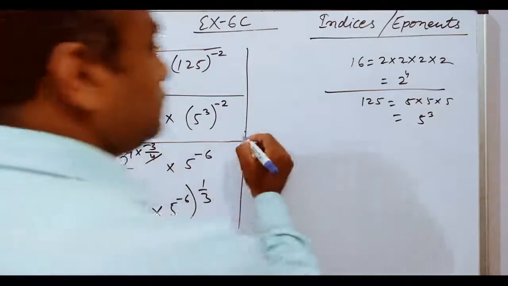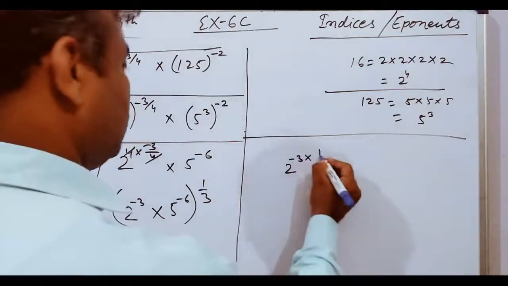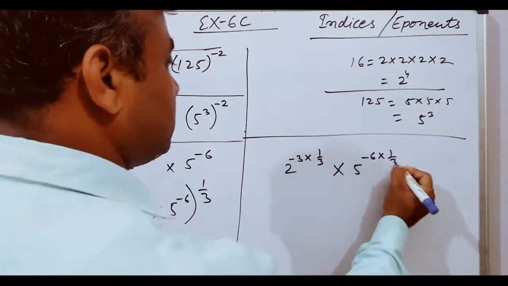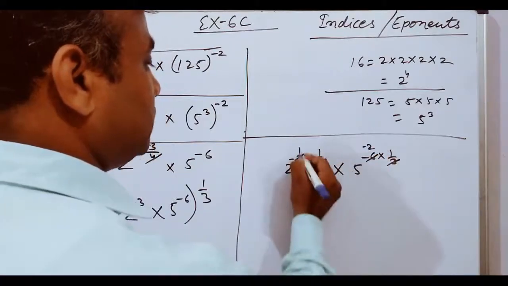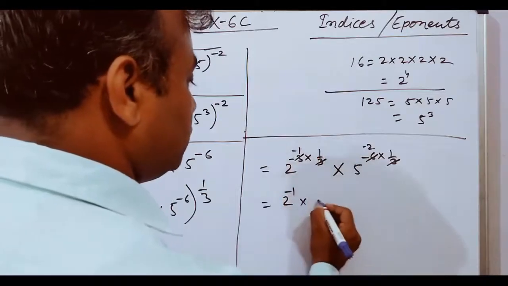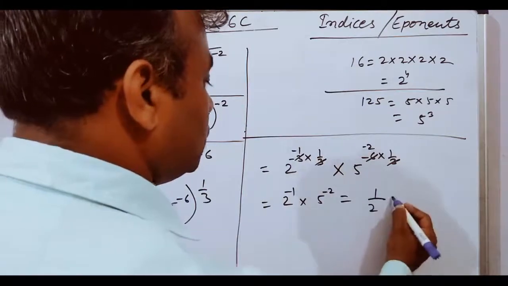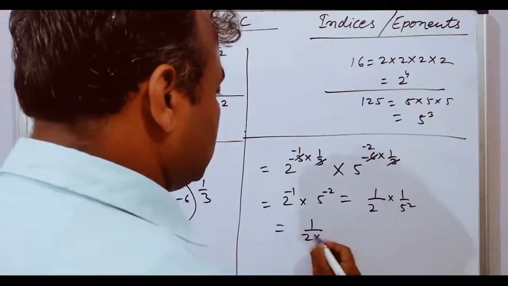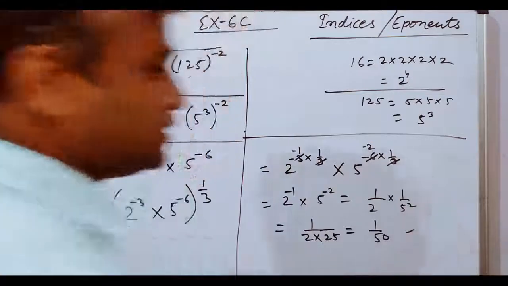Then 2 to the power minus 3 into 1 upon 3, 5 to the power minus 6 into 1 upon 3. 3 and 3 cancel, but minus 2, this cancel. 2 to the power minus 1 into 5 to the power minus 2, it can be written 1 upon 2 into 1 upon 5 to the power 2, equal to 1 upon 2 into 25, 1 upon 50. This is the answer.